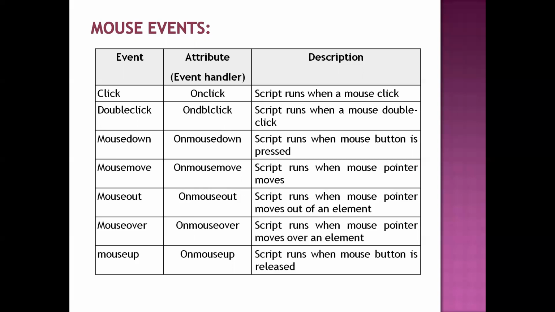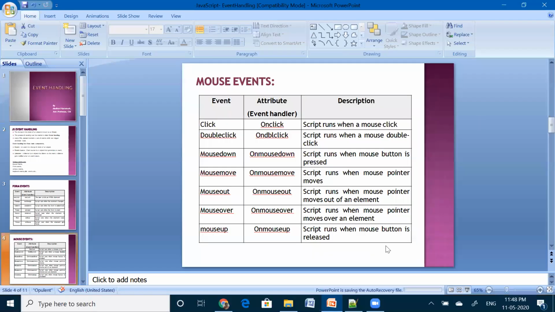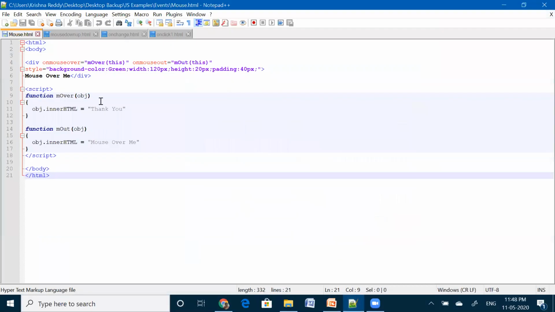Let us see one simple example for this. I'll show you an example of how to write the code for mouse events. Let's see this code. In the HTML body, inside the body, I'm writing the JavaScript code. Try to understand this function.